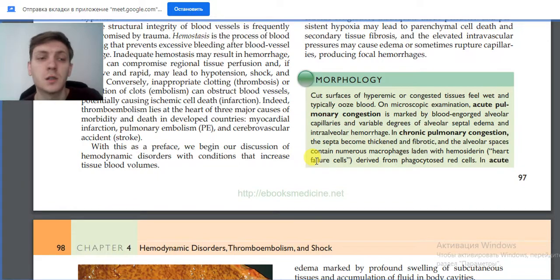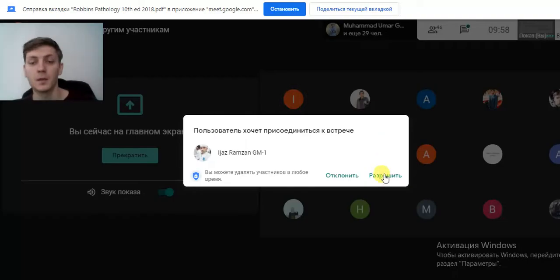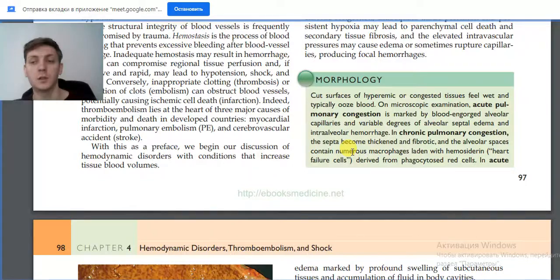When congestion happens there, RBCs can be released from the blood vessels into the interstitial space, and the macrophages of the lungs swallow these RBCs. These macrophages, which contain a lot of iron inside, are known as heart failure cells.